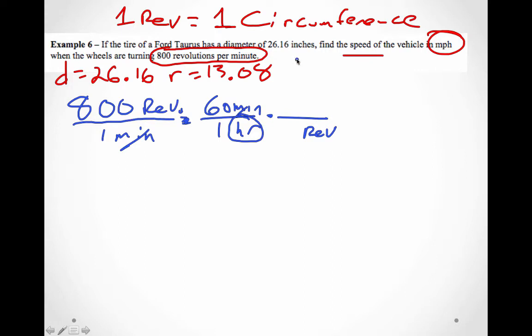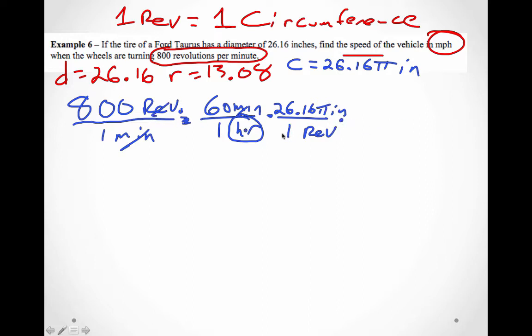Now, 1 circumference is going to be equal to 2 pi r or pi d. 26.16 pi. And that is inches. So I've got this 26.16 pi inches, 1 revolution.